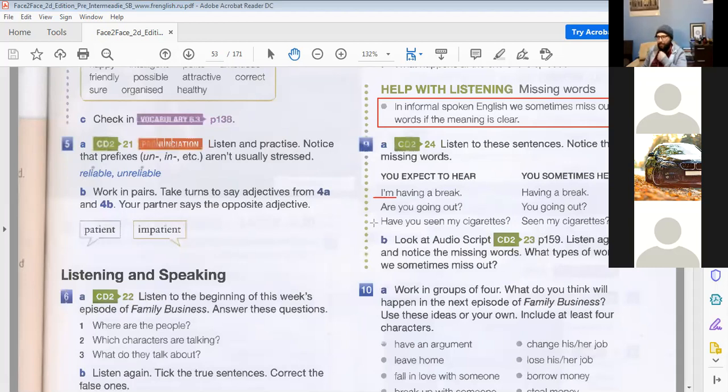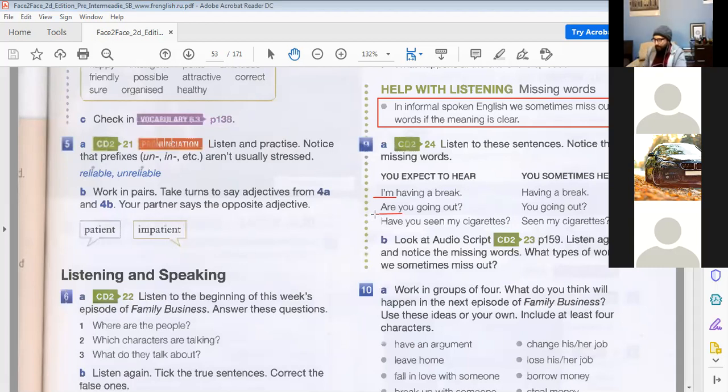What's the thing we removed? Are. Yeah. But my question is, is this grammatically correct? Can we say you going out? Can we say having a break like this? Is it grammatically correct, you think? No. But it's not, right?